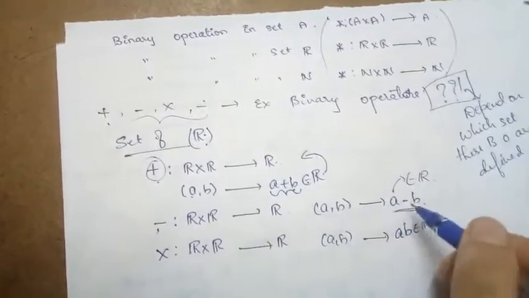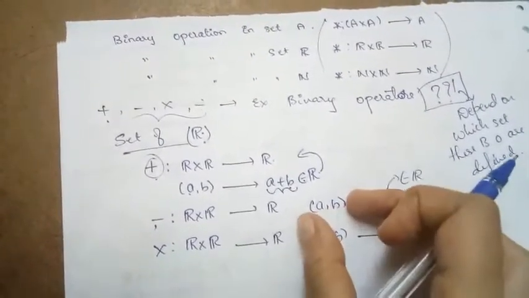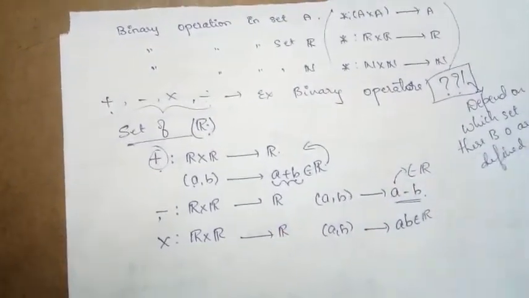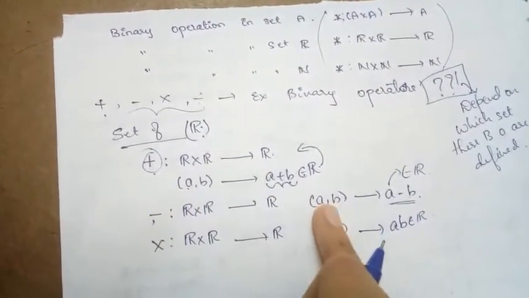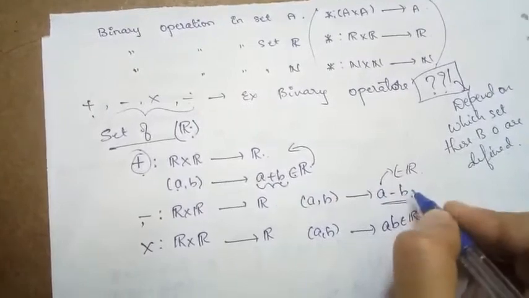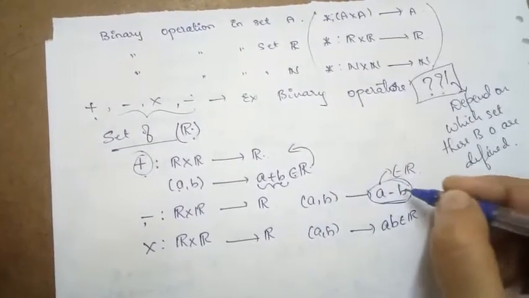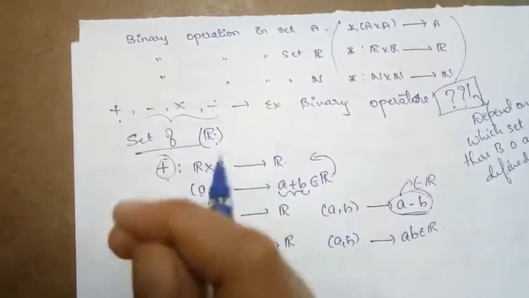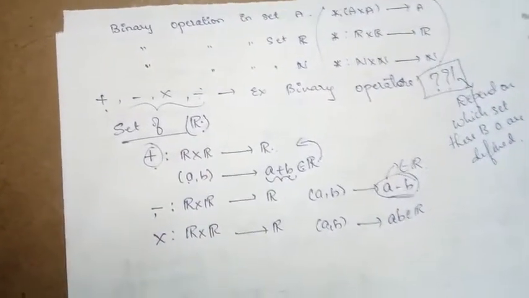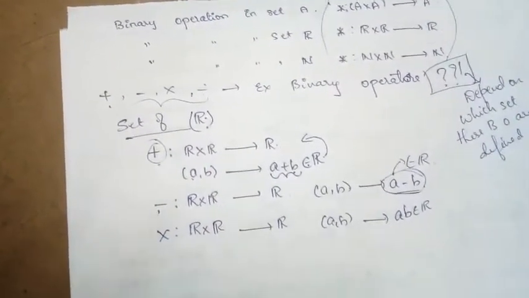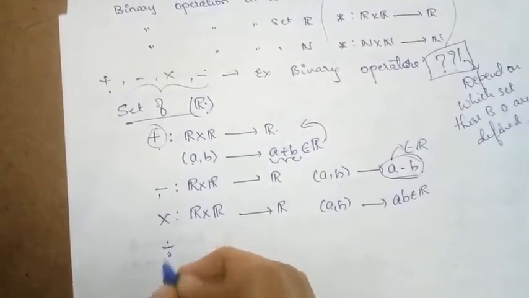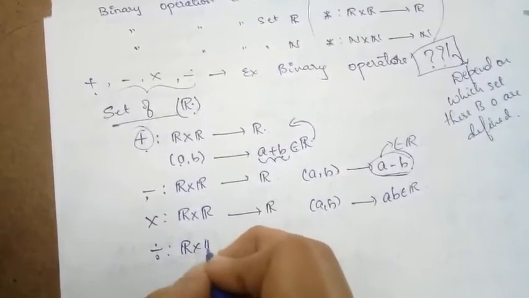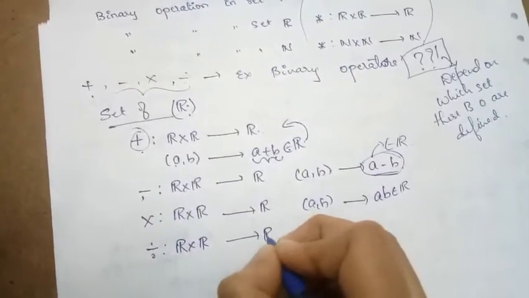Similarly, we have taken two elements from the Cartesian product, used the operator between these two elements, and the element we got belongs to the set of real numbers. So minus is also a binary operation on the set of real numbers. Similarly for multiplication.